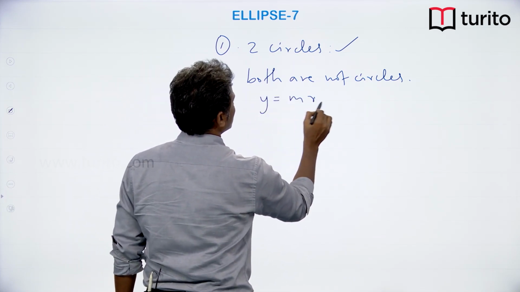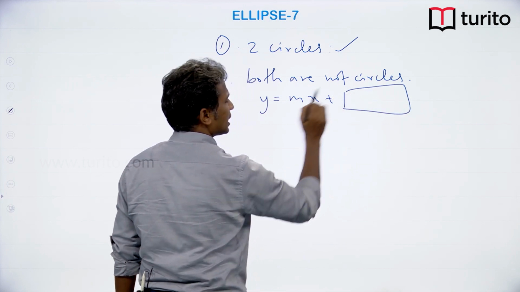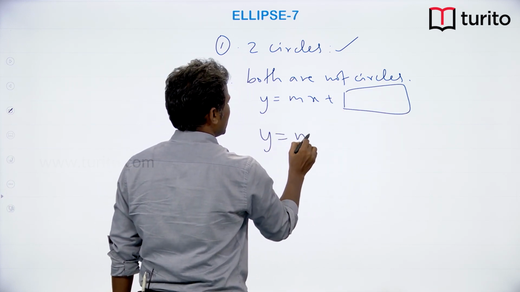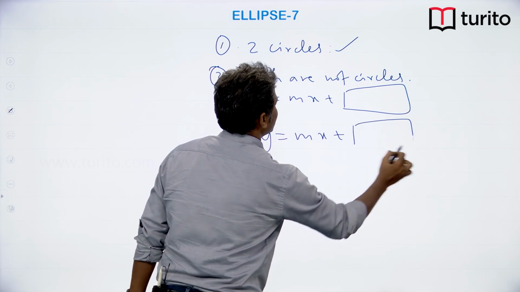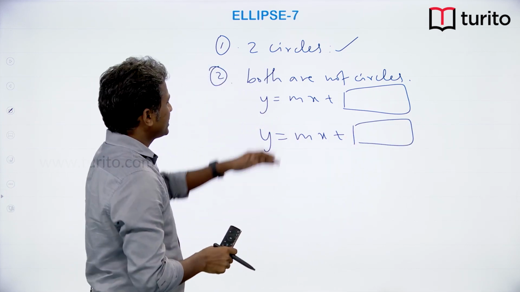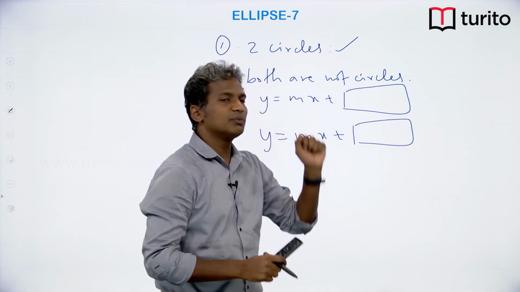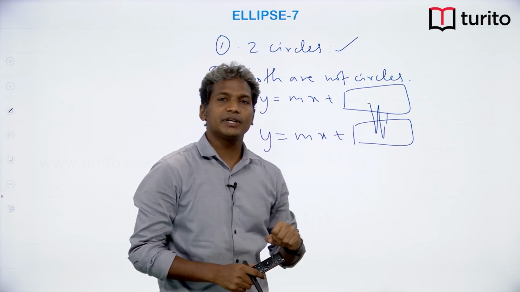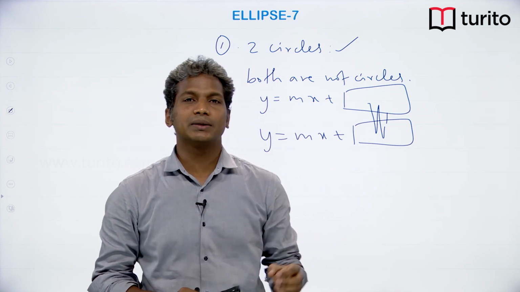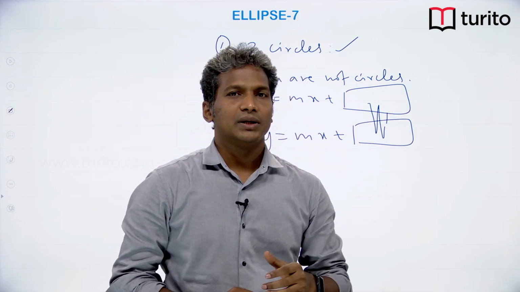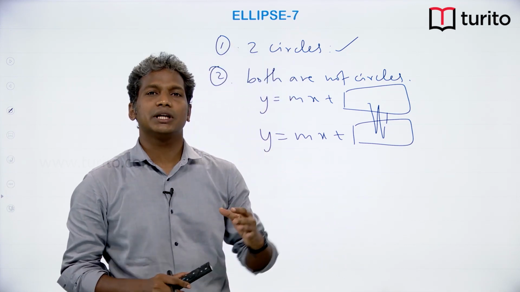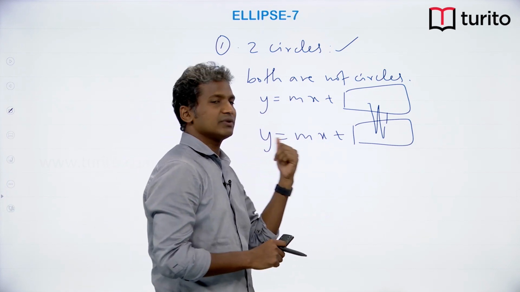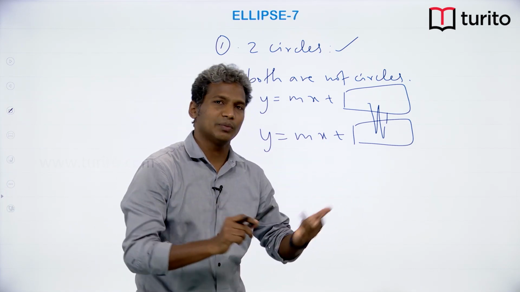Let us say y equal to mx plus something, this is the condition on C, and for the next curve we will get something else here. First write the equations of tangents in slope forms like this, then equate the C. After you equate the C, you will get some solutions of m. After solving for those solutions, if you put those solutions back in the equations, you can get the common tangents.